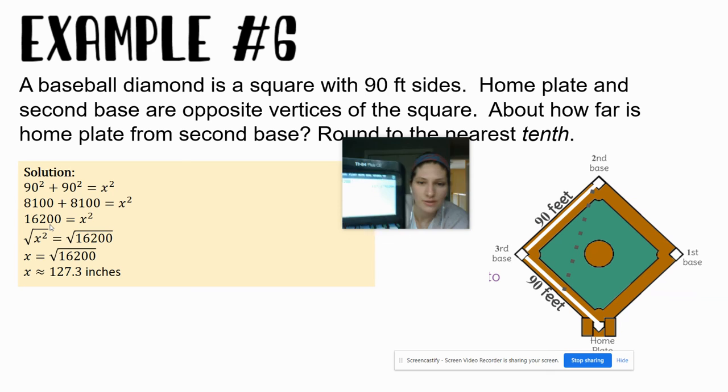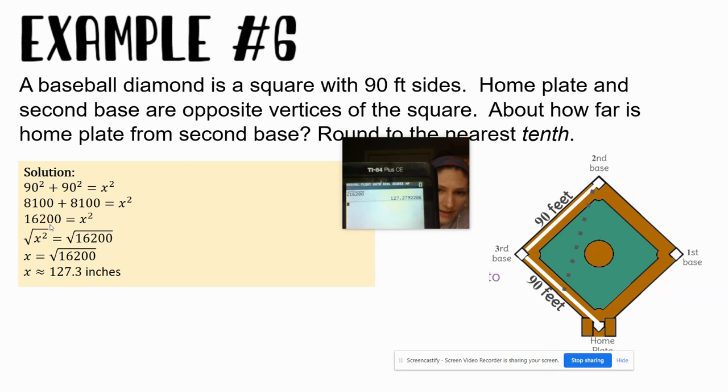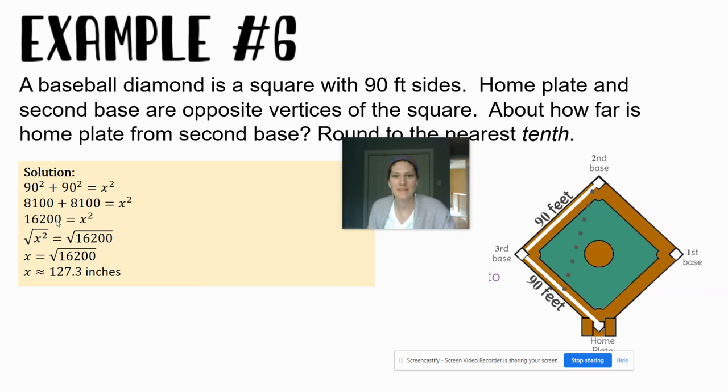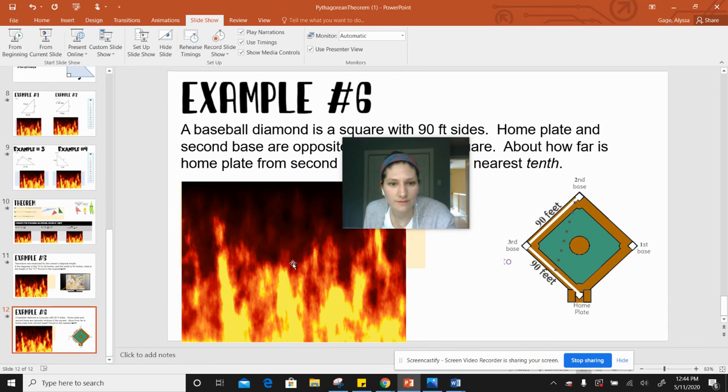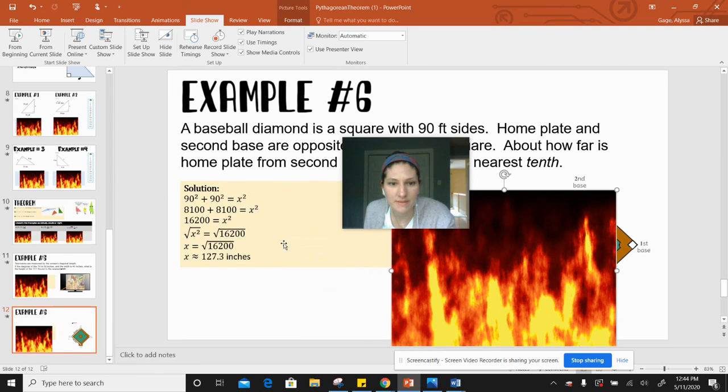If it didn't say to round, then you would be simplifying your radicals. So the nearest tenth would be 1 decimal place. So it would be 127.3 feet. Let me fix it.